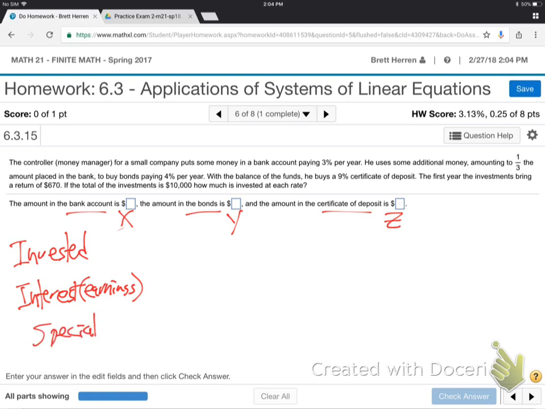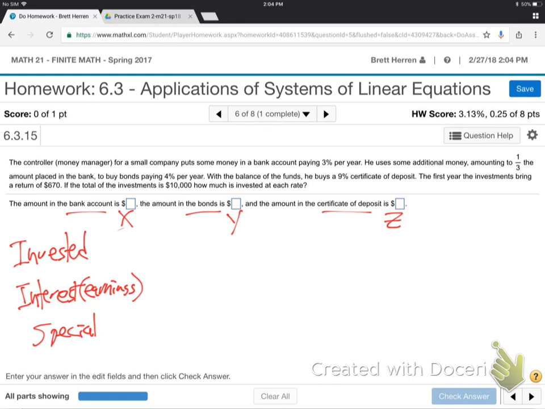That's every time in these money ones. There's going to be one where they just total all the monies that you put in. The second one's going to be the interest. That's where you multiply by the percentage of the accounts. And the third one's going to be special, where they go, oh, this is double that, or this is 1/3 of this, some special thing. Because we know we need 3 equations, right? 3 letters, 3 equations. We good? And it doesn't matter what order you put those in. You can switch these up.